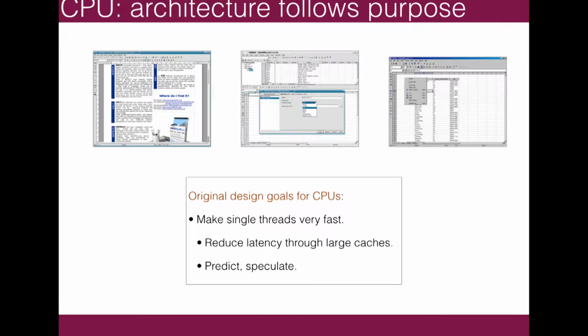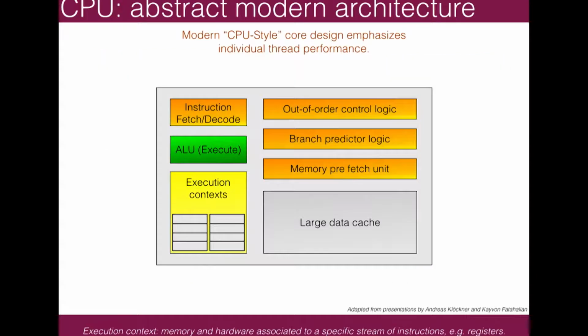Okay. So I'm going to shortcut my description of the history of GPU computing, and the transition points from CPU architectures to GPU architectures. A modern CPU, if you abstract it and look at it from 10,000 feet, is divided into logical units.